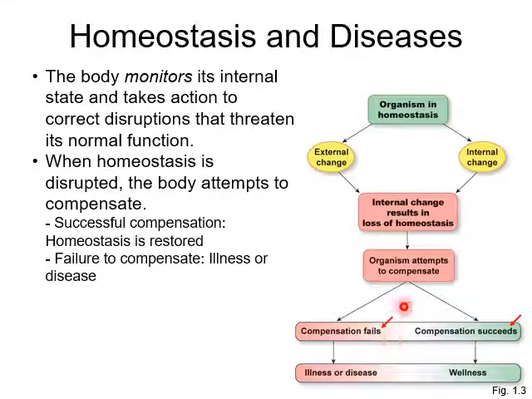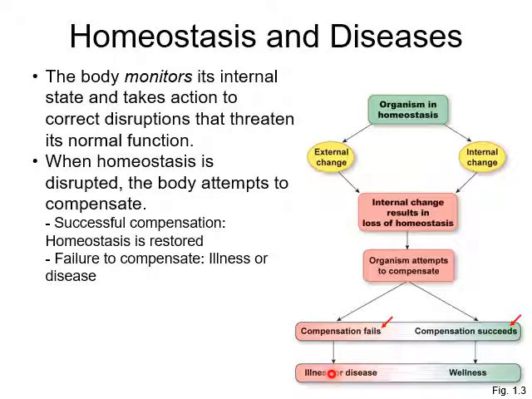But say you compensate, you're heating, you're trying, and luckily your friends throw you a nice down coat. Your compensation succeeds in that case. You're able to bring your core body temperature back up and you can stay healthy. Keep that core body temperature up. You can forego getting the illness.